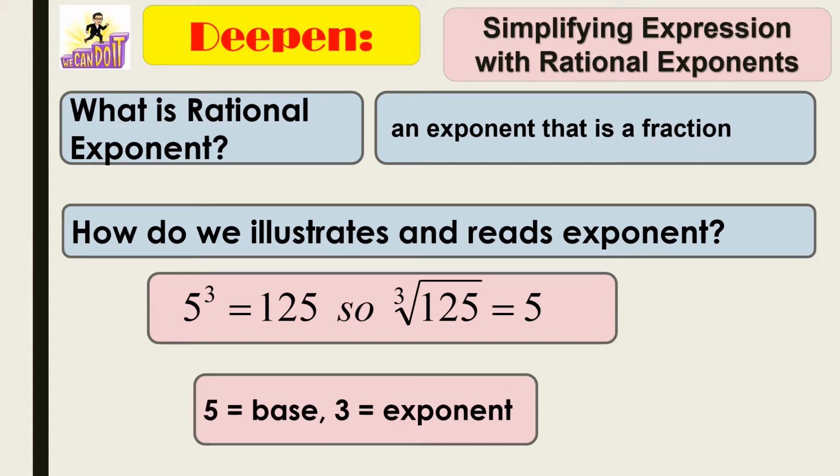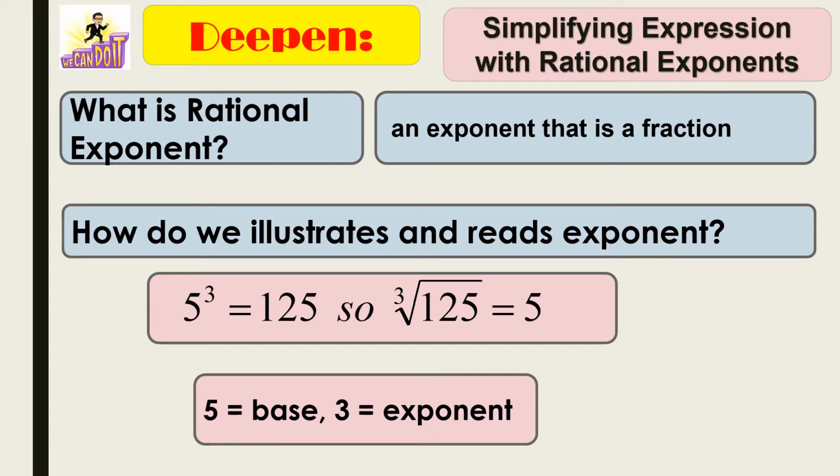So, for example, 5 raised to 3, or 5 cubed, equals 125. If you change it into a radical, it becomes the cube root of 125 equals 5. 5 is the base, 3 is the exponent.